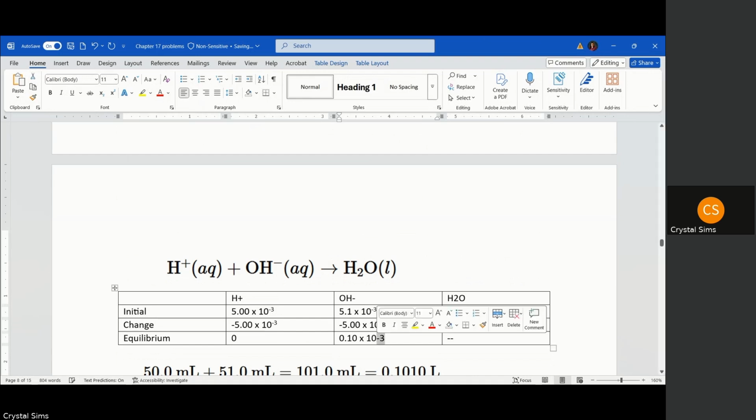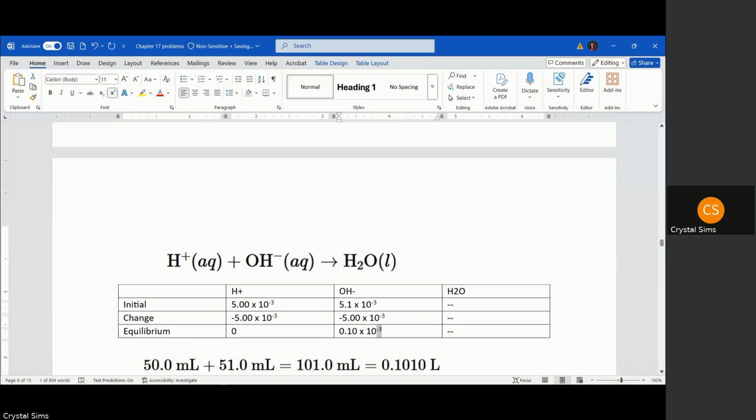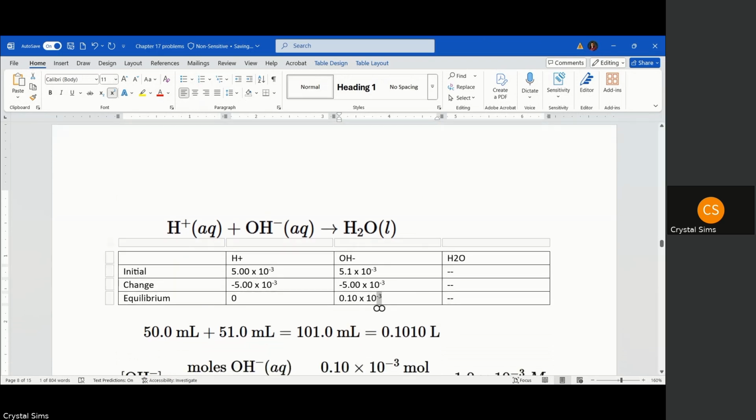Because now, remember, we're just on the basic side of the equivalence point. We've reached equivalence, and now we're on the back side of our titration curve. We've added 51 milliliters now, so we add that to our original 50. We're at 101 milliliters, which is 0.101 liters.